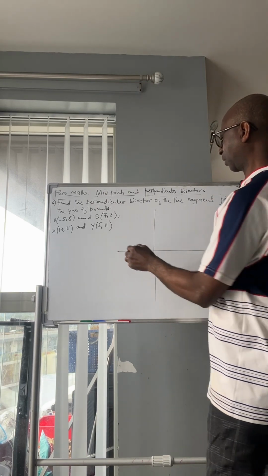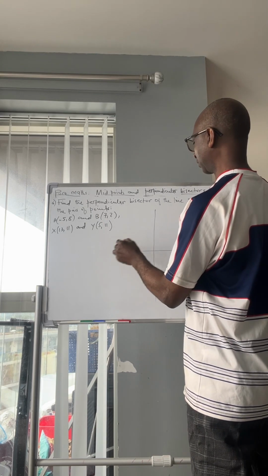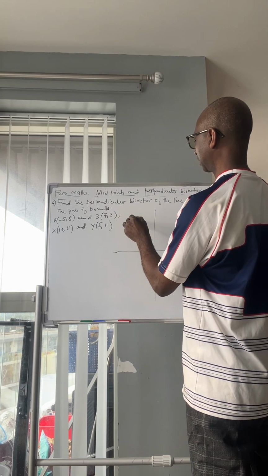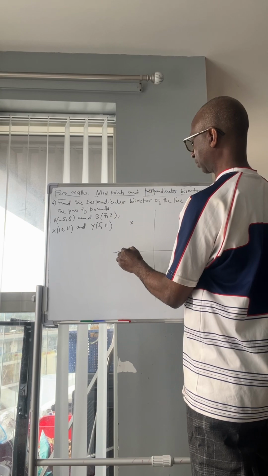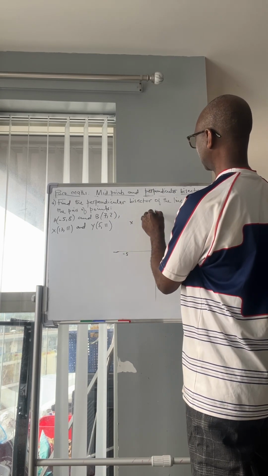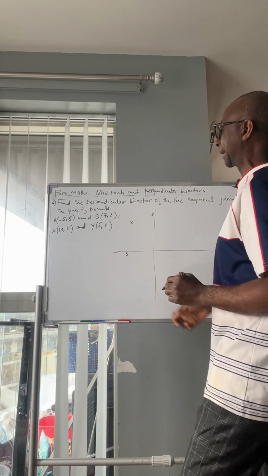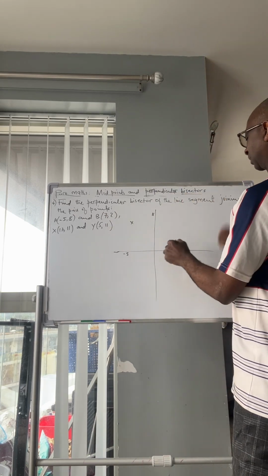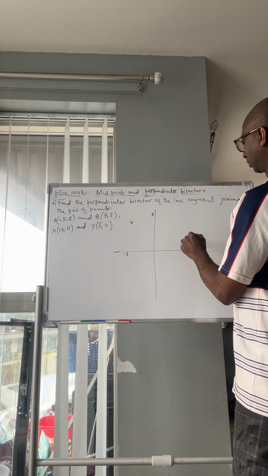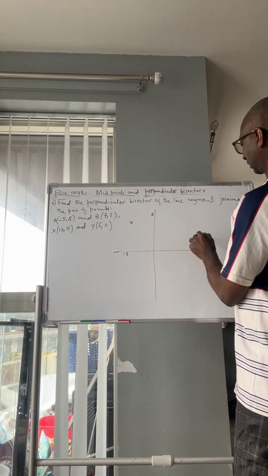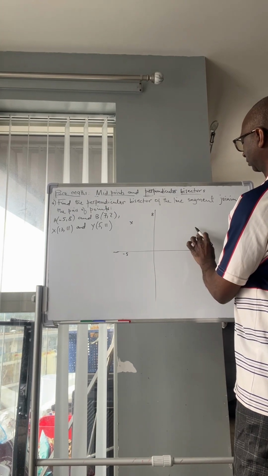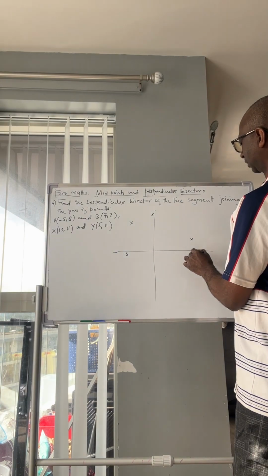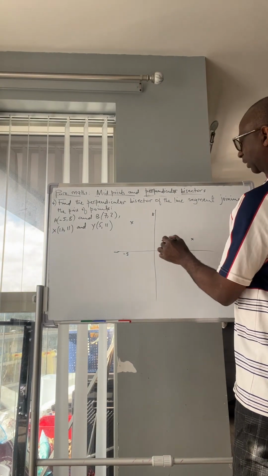A is (-5,8), x is -5, y is 8. And B is (7,2), x is 7, and y is 2.